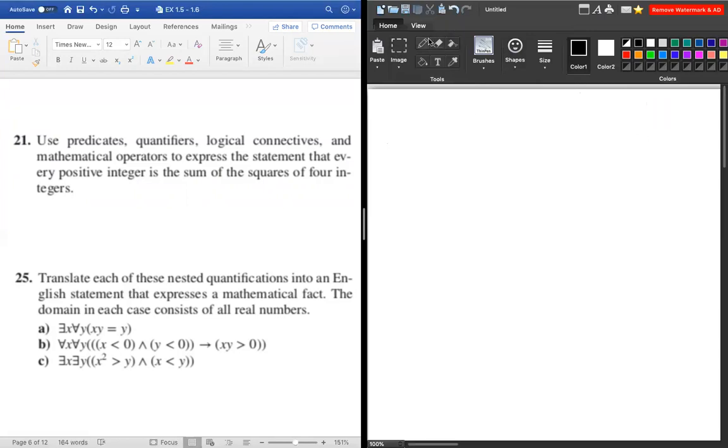Okay. So we have to come up with the variables that represent the 4 integers.